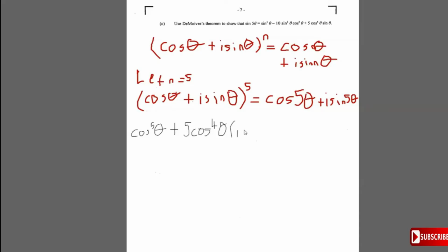Then you go 10, and it's going to be plus 10 cos cube theta times i sine theta squared.